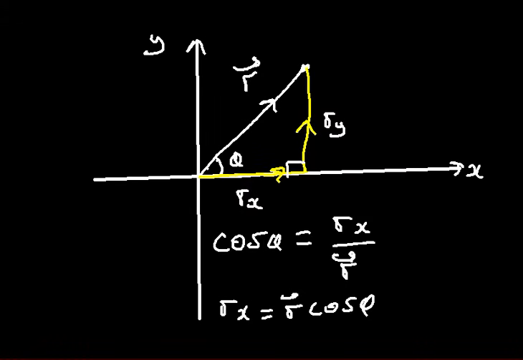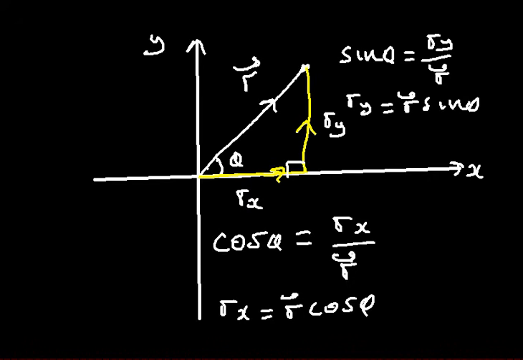So sine theta is equal to ry divided by the vector r, of which ry is given as r sine theta. So this is how we resolve the vector into components. This is its y component and this is the x component.